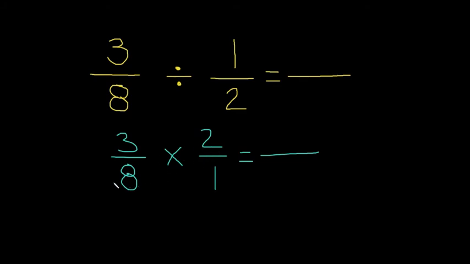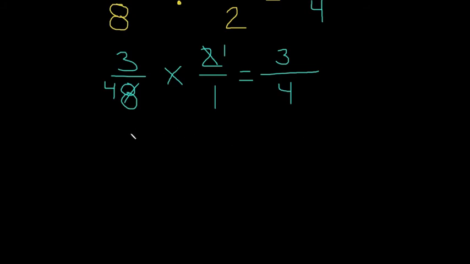I know 2 fits into 8. 2 fits into itself once, fits into 8 4 times. 1 times 3 is 3. 1 times 4 is 4. So 3/8 divided by 1/2 equals 3/4.